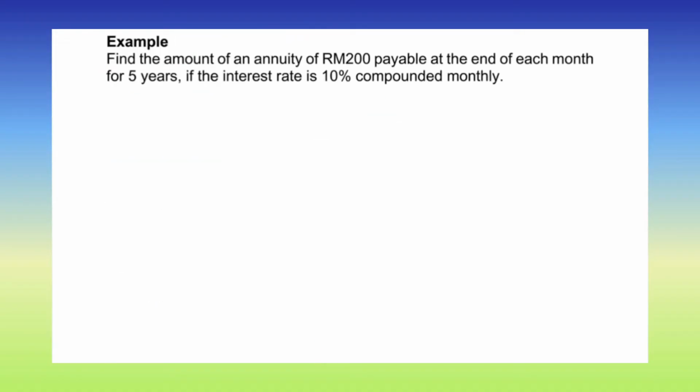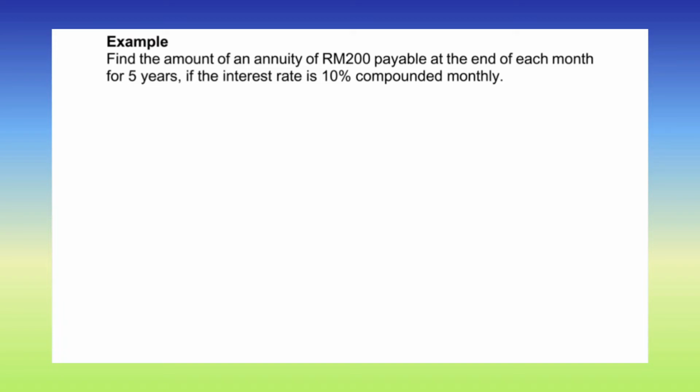Let us look at the first example. Find the amount of an annuity of RM200 payable at the end of each month for 5 years if the interest rate is 10% compounded monthly. First we have to list down all the information given in the question.